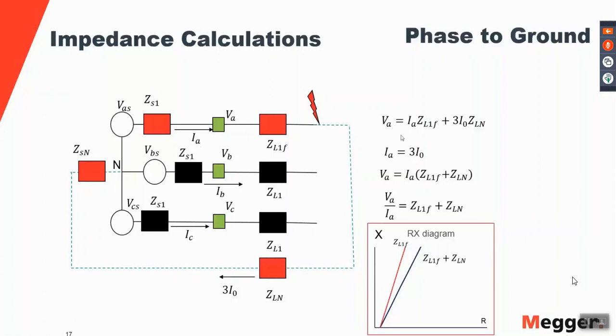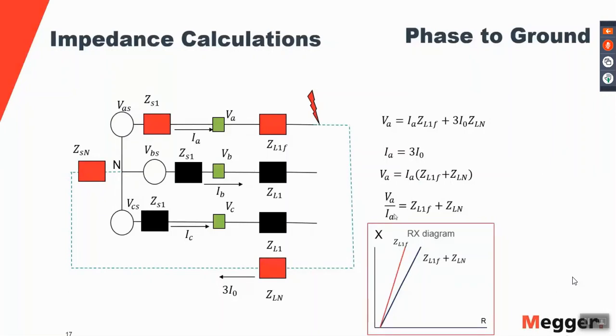So then we have VA equal to I times the positive sequence impedance of the line plus 3 times I0 times the impedance of the neutral. So in this case, we say IA equals 3I0, so we can take a common term here, IA, and then we can calculate the impedance, in this case, as VA divided by IA.